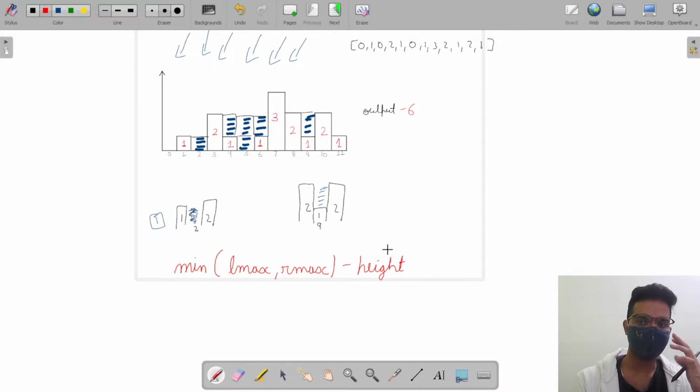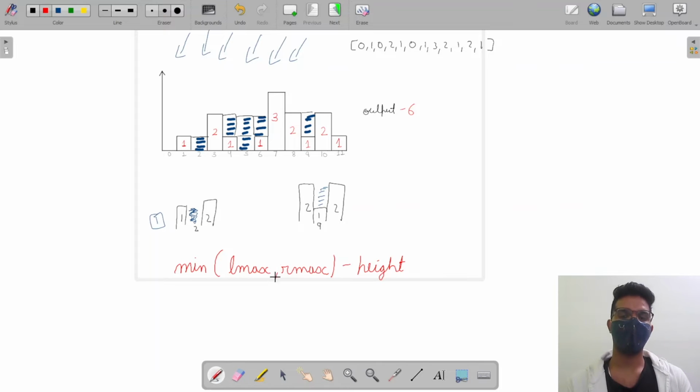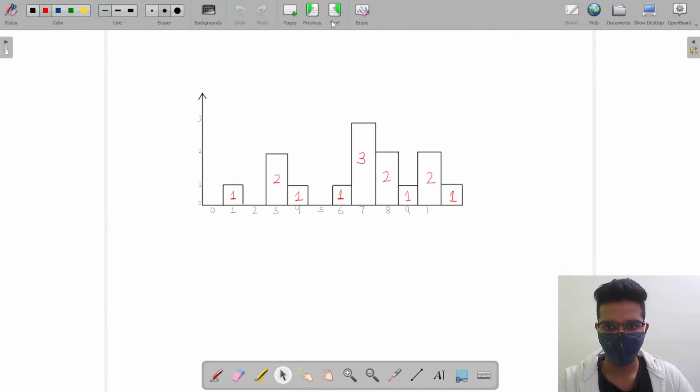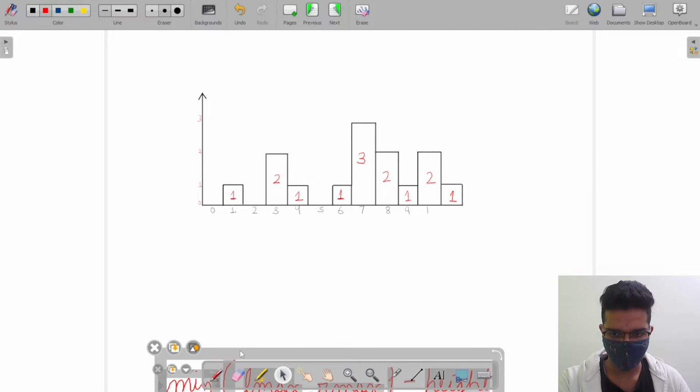So now let's verify, is whatever I'm saying true? Let's see for this array.